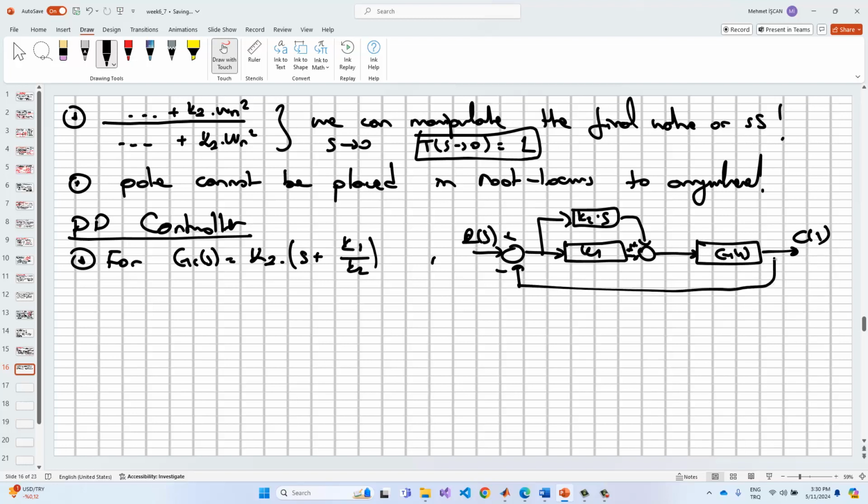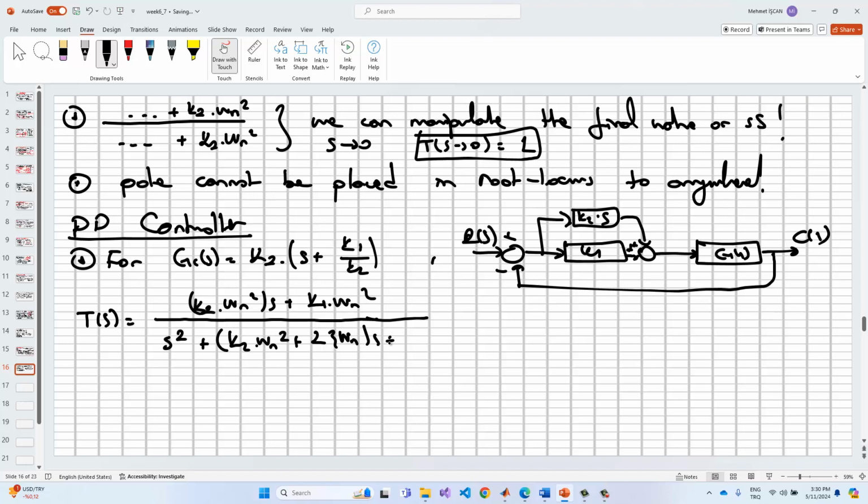C(s) is the unity feedback, and so T(s), just like the closed-loop solution of these terms, can be written as K2 omega n squared s plus K1 omega n squared, over s squared plus (K2 omega n squared plus 2 zeta omega n) s plus K1 omega n squared plus omega n squared.